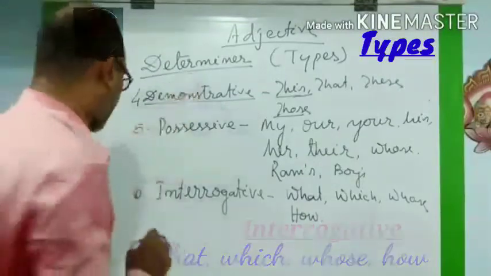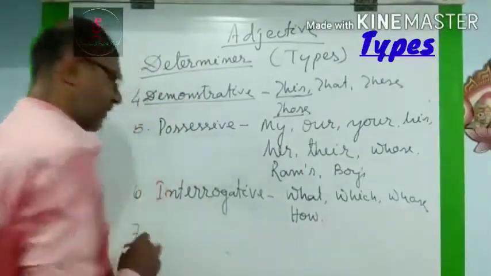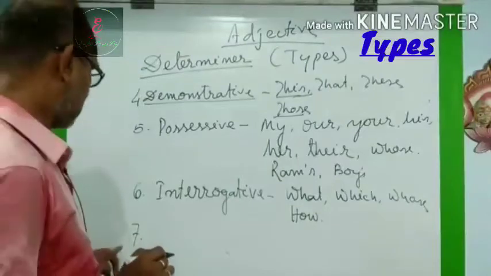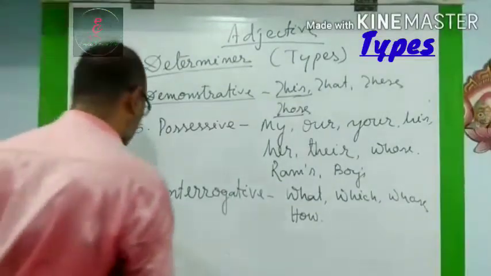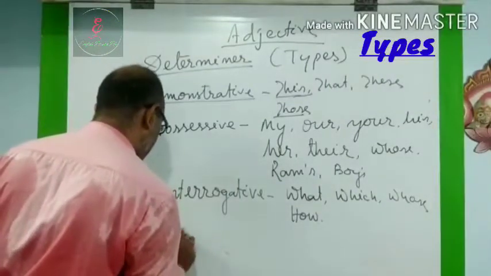And the last one, the seventh one, is called distributive.